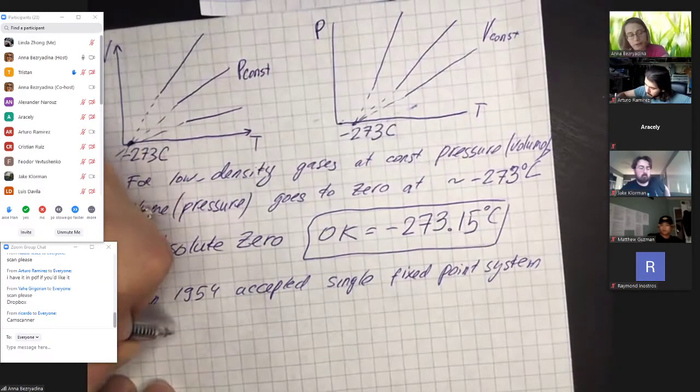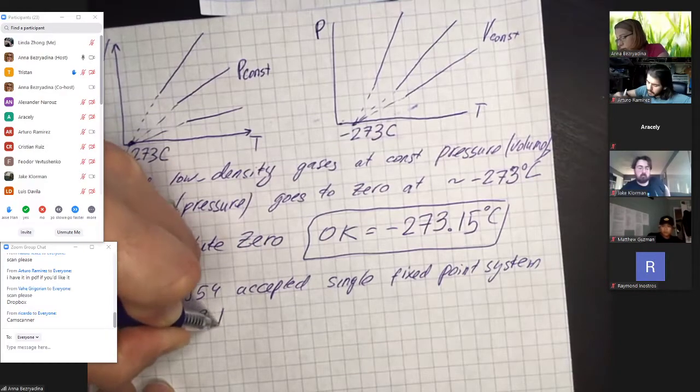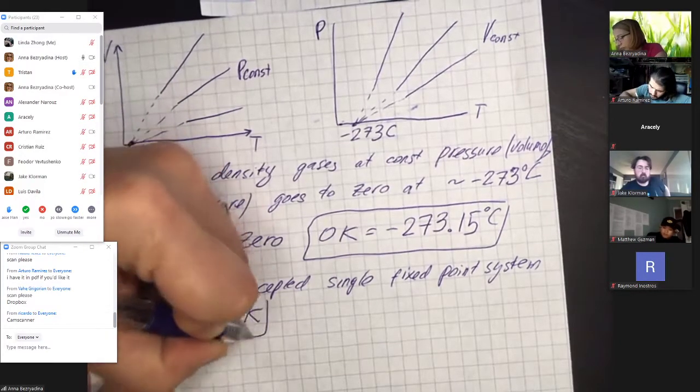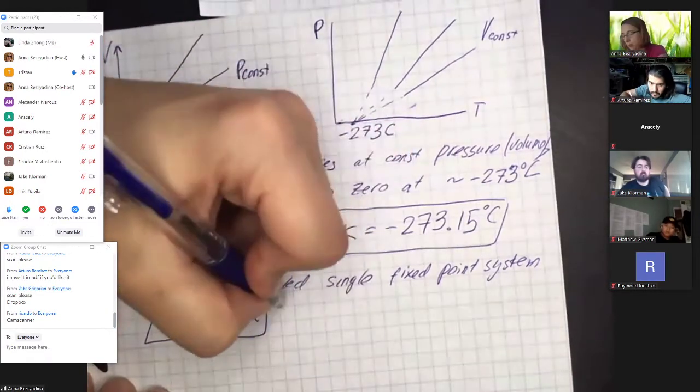They defined this point as 273.16 Kelvin, and this is the only fixed point, the triple point of water.